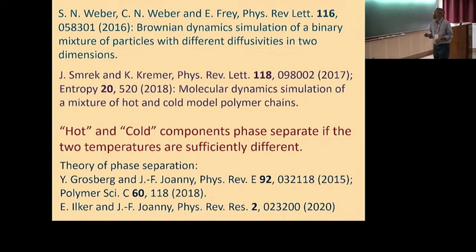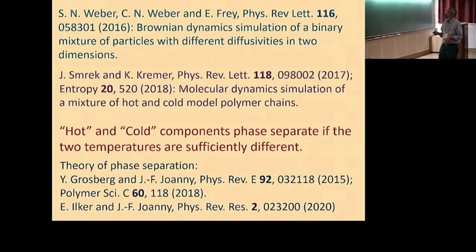There is also some work by Kurt Kramer and collaborators on a mixture of hot and cold model polymer chains. The common thing about the results in both cases is that these hot and cold components phase separate if the difference between the 2 temperatures, or the 2 mobilities, is sufficiently large.